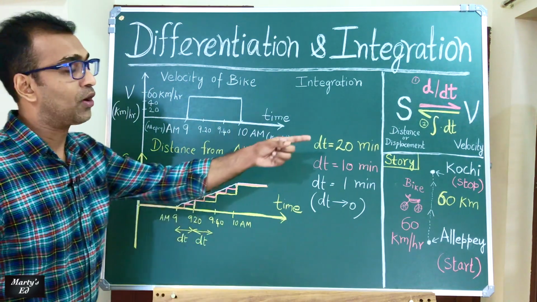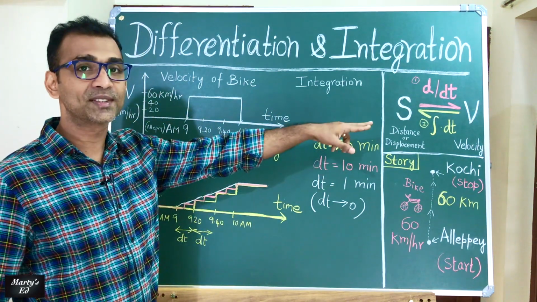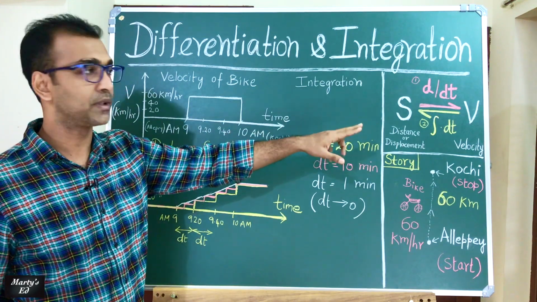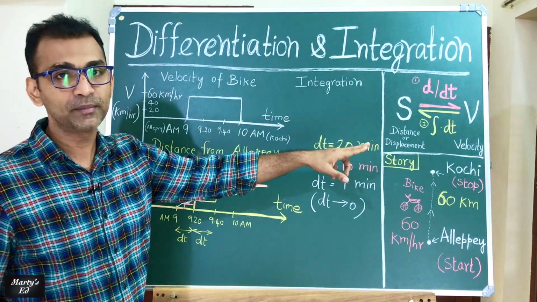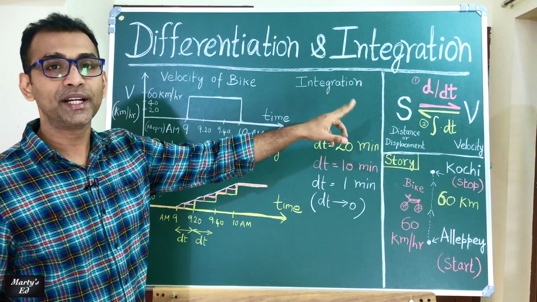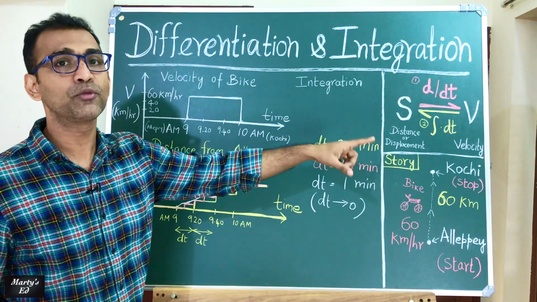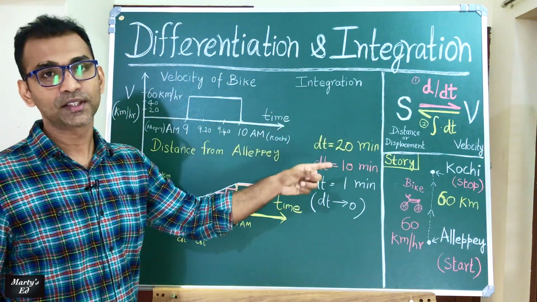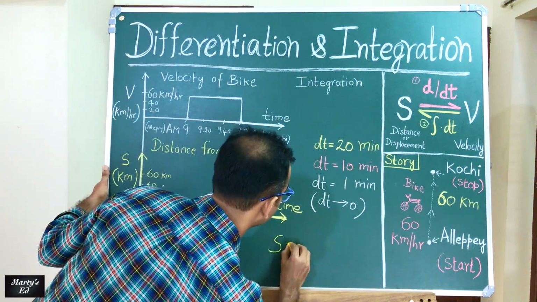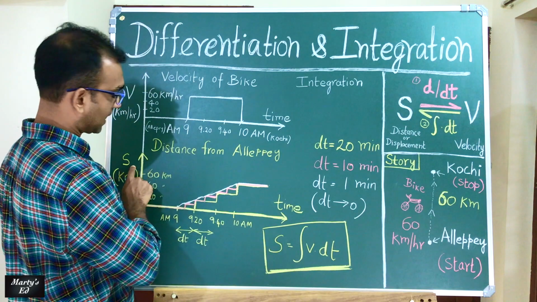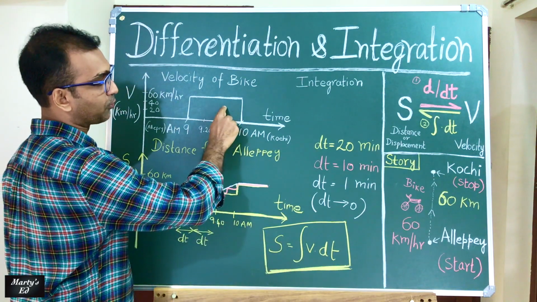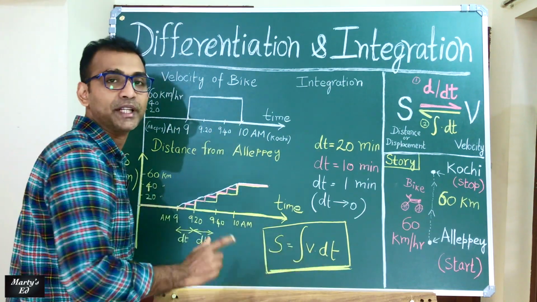On the side, you can see that s is nothing but distance or displacement and v is nothing but velocity. So ds by dt is nothing but velocity. Likewise, integration of v for some dt is distance or displacement. S is nothing but the integration of v for some time dt.